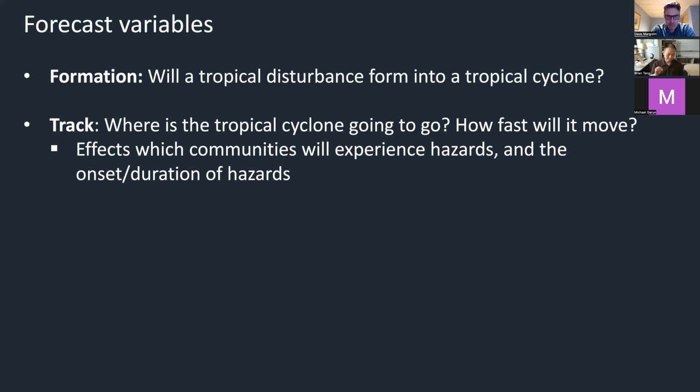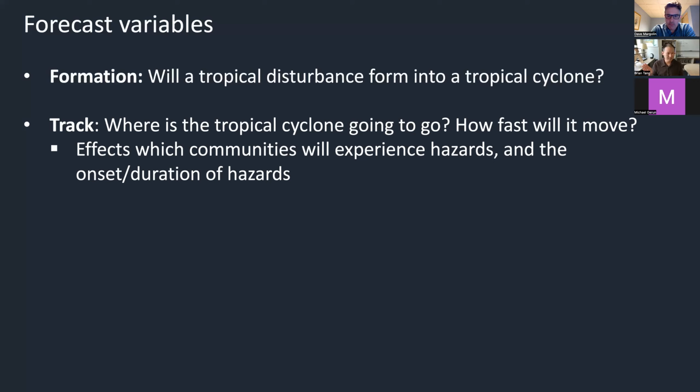And I like to relate it to particular hazards. Why do we forecast these variables? Well, track obviously affects which communities will experience hazards. The hazards being damaging winds, storm surge, heavy rainfall causing freshwater flooding, and onset and duration of hazards.